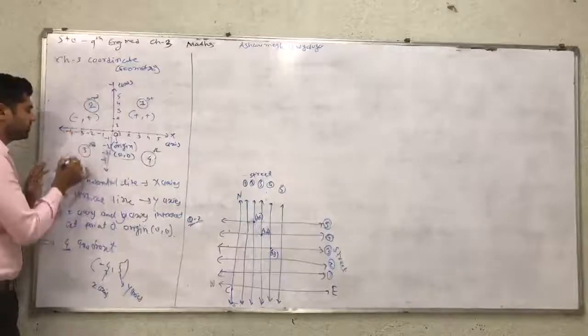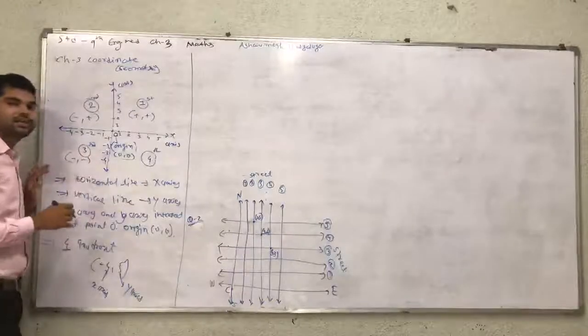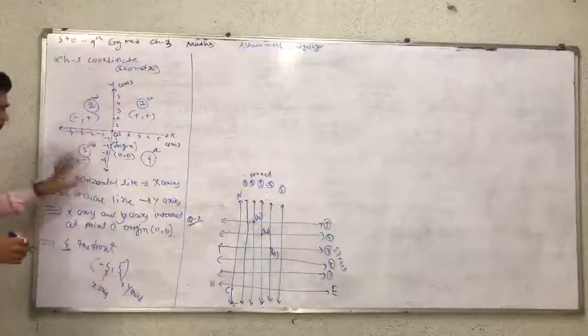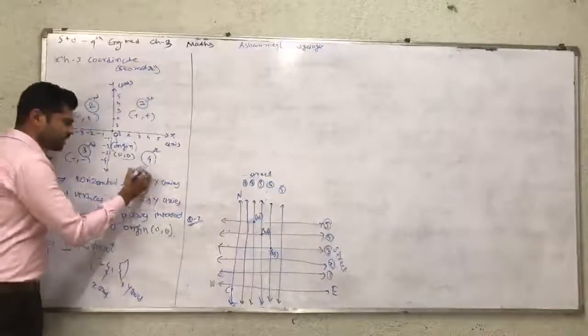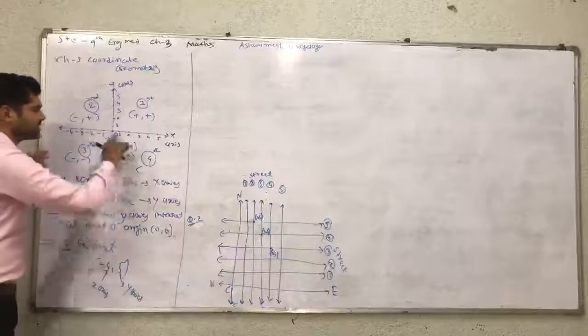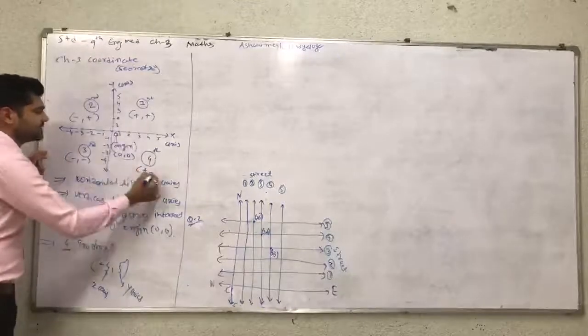The third quadrant is both minus: the x-axis and y-axis both have a minus sign. In the fourth quadrant, the x-axis is plus and the y-axis is minus.